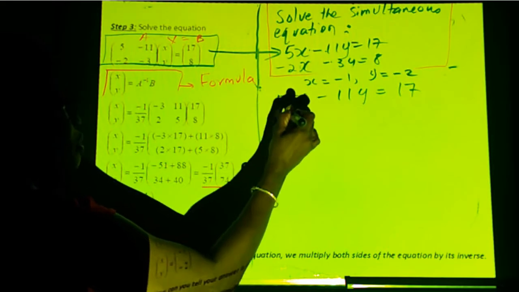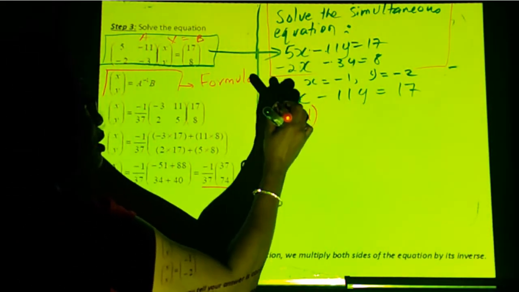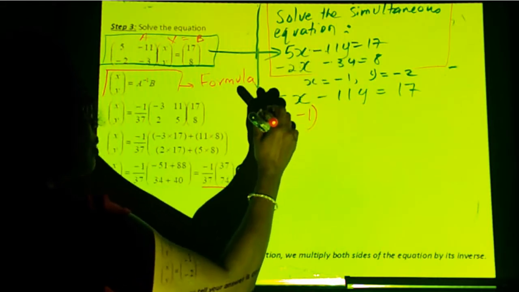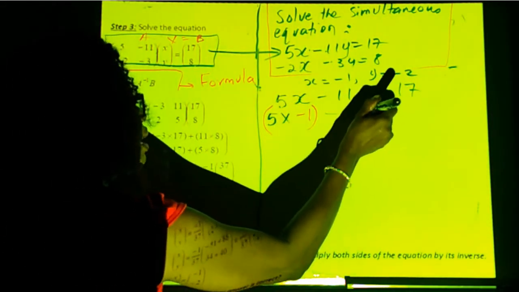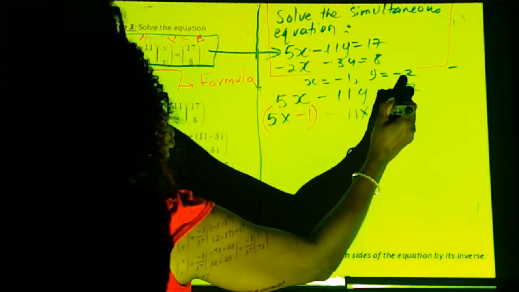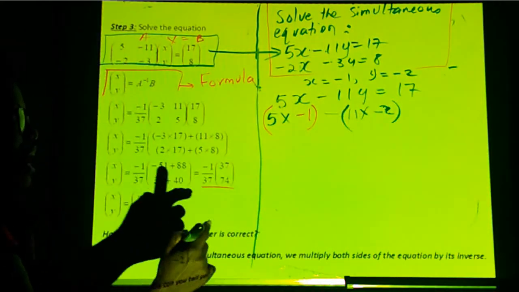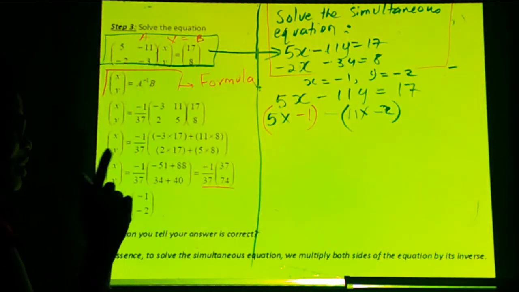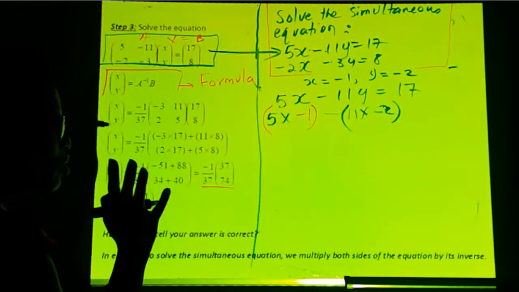So it means that we are multiplying 5 times the value of x, which is negative 1, minus 11 times the value of y, which is negative 2. Now, we're not sure if it is 17 as yet. We are checking to see if our answer is 17. If it is, then you know that the values for x and y are correct.